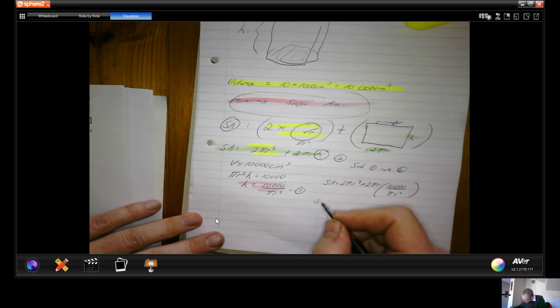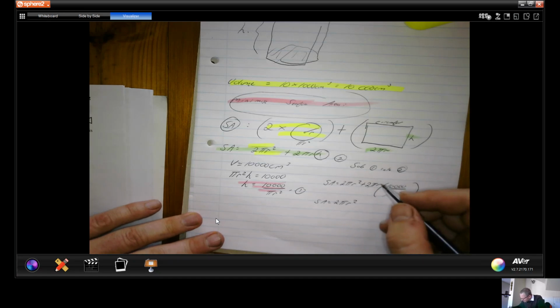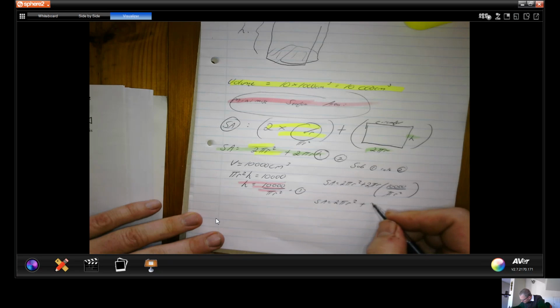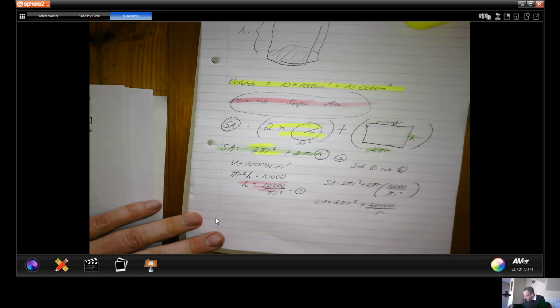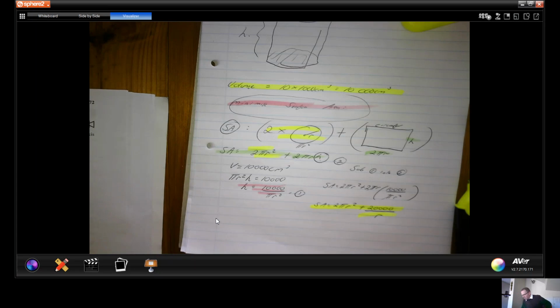If I simplify that, my surface area is 2 pi r squared, here the pi's will cancel, 10,000 times 2 will be 20,000, and r squared will leave me with 1 r at the bottom. So I get a formula for surface area in terms of one variable only. My surface area should be 2 pi r squared plus 20,000 over r.